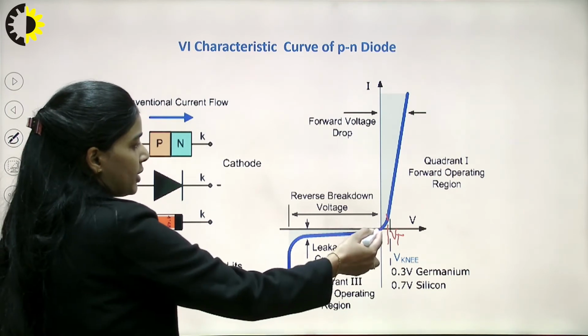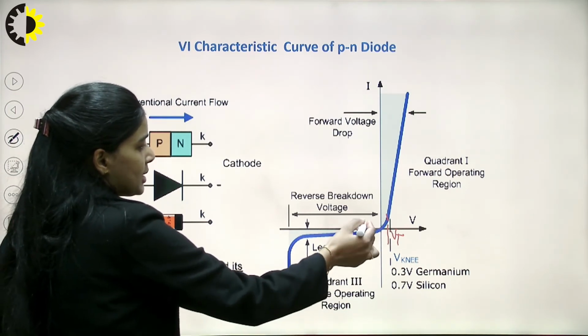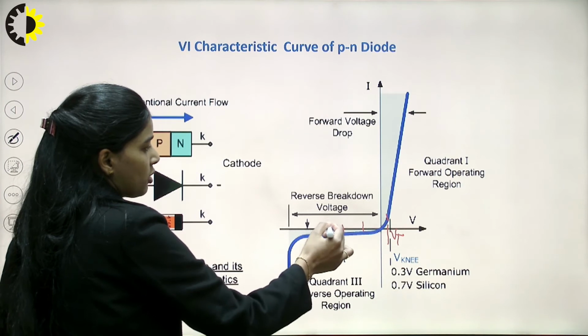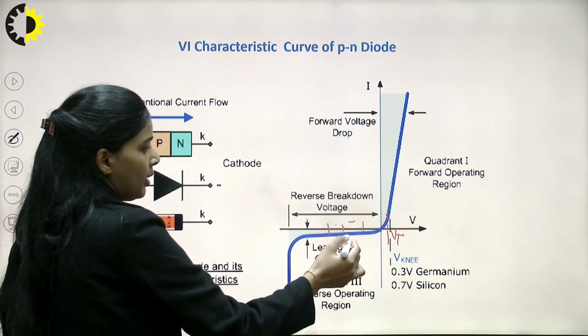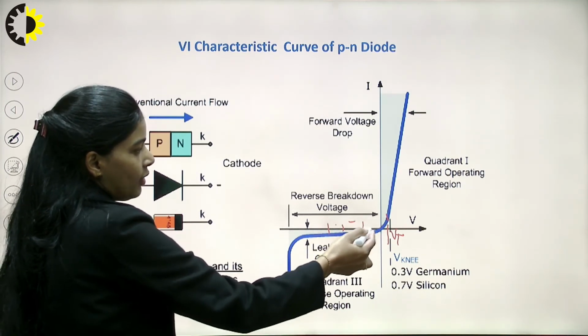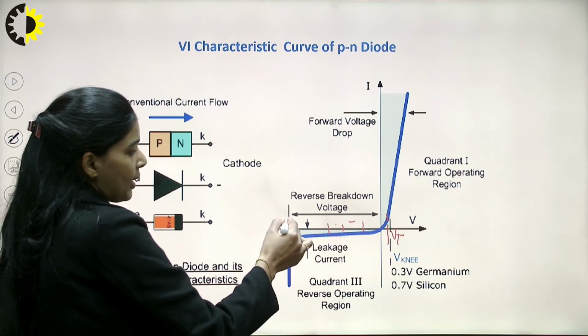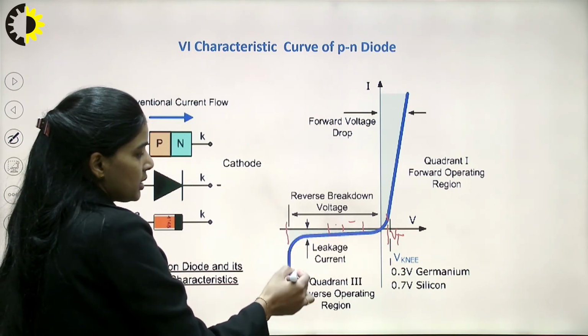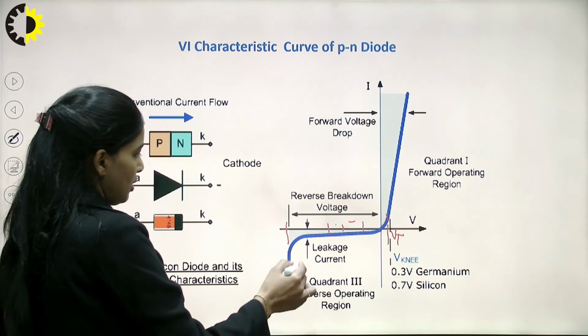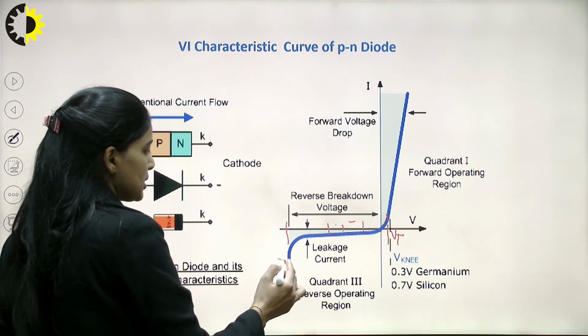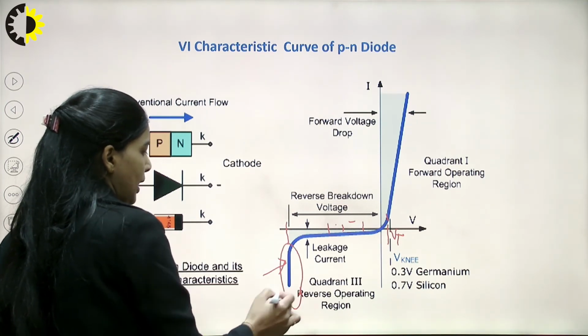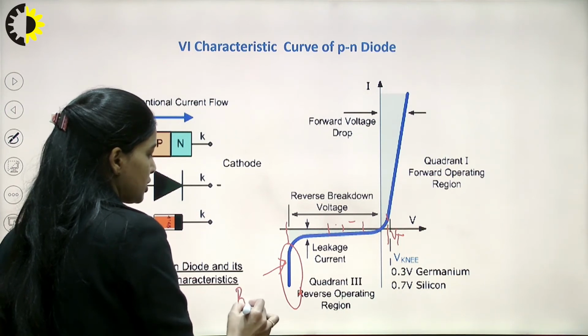If you see the reverse characteristics, then as the voltage across the diode is negative, the current variation is very small, and after a certain voltage the current increases rapidly. This region of the current is called breakdown.